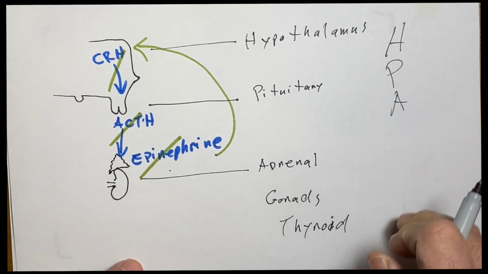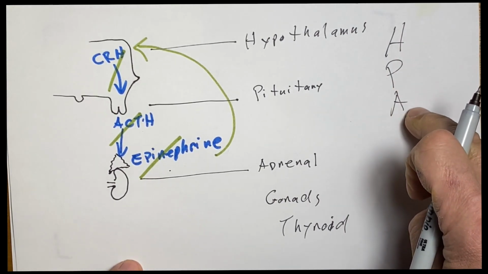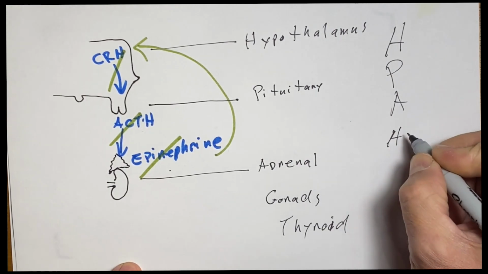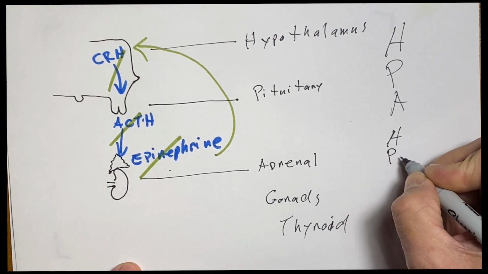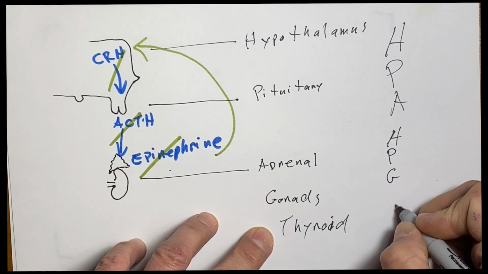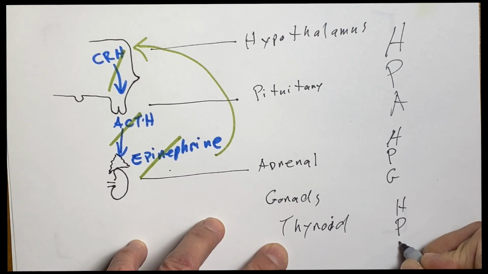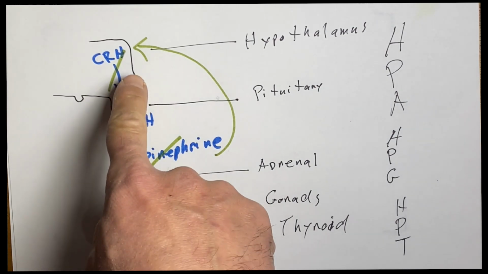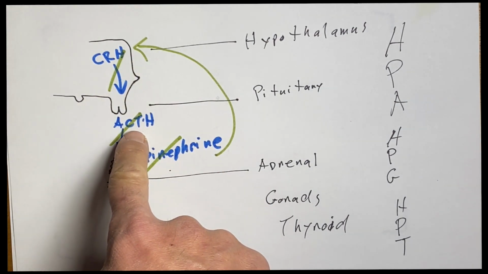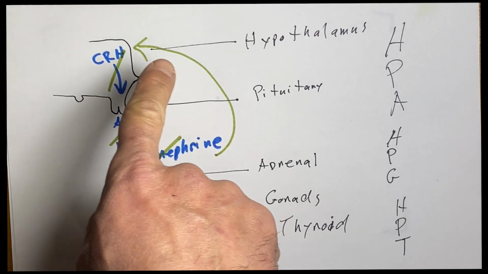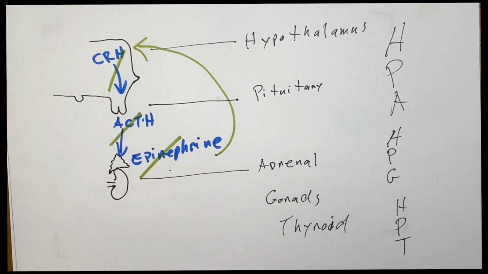So you can have the hypothalamic pituitary adrenal axis, or you can have the hypothalamic pituitary gonadal axis, or you can have the hypothalamic pituitary thyroid axis. These are all just models of illustrating the production of releasing hormones and stimulating hormones and tissue hormones, and then positive or negative feedback that stops or continues the process.